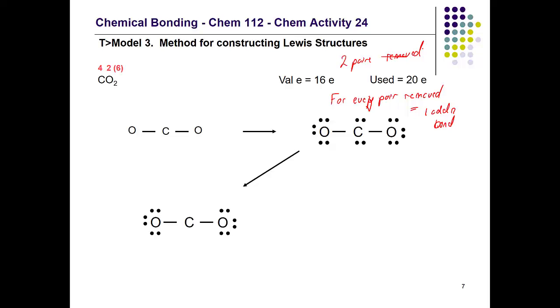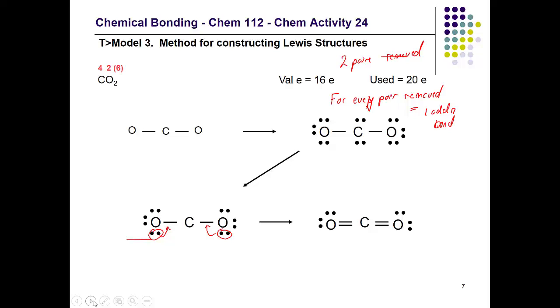And so you're going to see here that essentially what we're going to do is we're going to take 1 pair and another pair, and we're going to, in a sense, place them between the carbon and the oxygen. And as such, we'll be making 2 double bonds. 1 double bond between 1 carbon and oxygen, 1 double bond between the other carbon and oxygen. So it will look something like this.